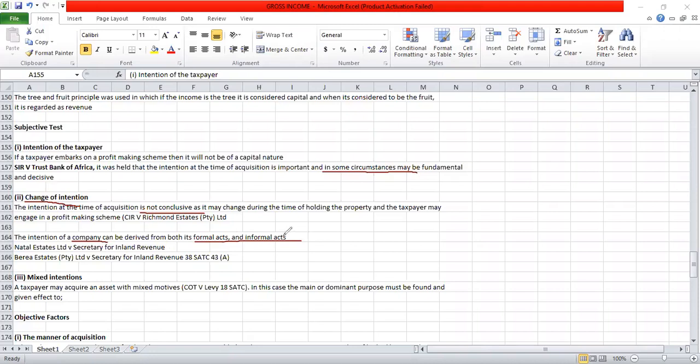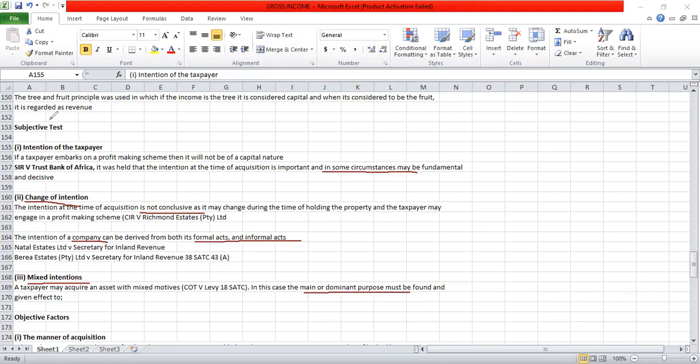Right. Then there can also be what we call mixed intentions. That means from the circumstances, it seems as if you want the asset to use it, and at the same time you appear as if you want to sell it. So we look at what we call the main or dominant purpose. What is the factor that is dominating between the two?